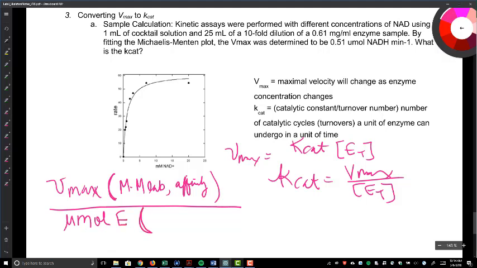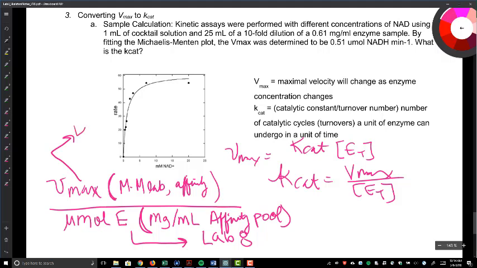You're going to get the micromoles of enzyme from the milligram per milliliter concentration of your affinity pool. So this is going to be coming from this lab, and your Vmax you're going to be pulling from lab 6. Again, this is one of the many reasons why we harangue you throughout the semester to keep a good lab notebook, because you have to go back and pull out your Vmax from that lab.